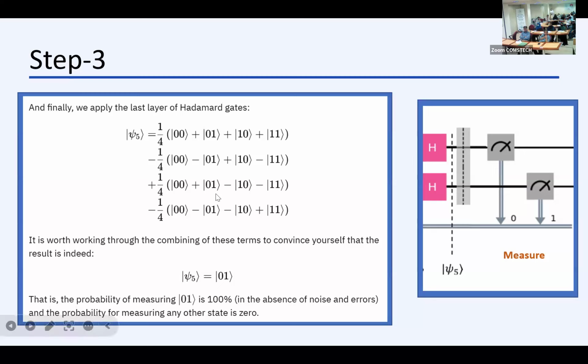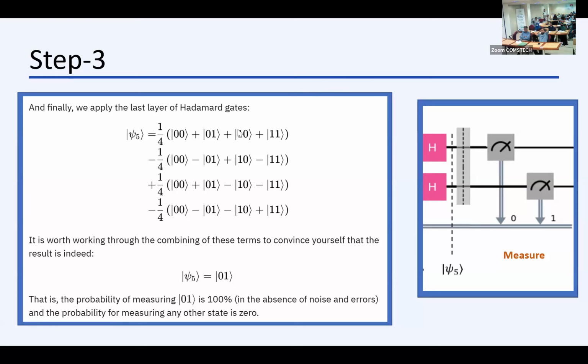Next, if we do it for the 0, 1 state, you can see that for the first one, it's going to be 1 by 4. For the second one, the negative sign from outside is going to be multiplied, so it will be 1 by 4 plus 1 by 4. For the third case, it's also going to be plus 1 by 4, and for the fourth case, it's also 1 by 4. So when we combine all of these, it's going to be 4 divided by 4, and the maximum probability will be 1.